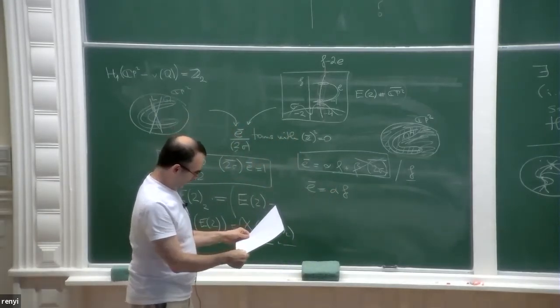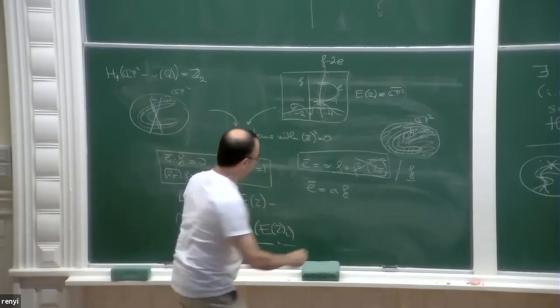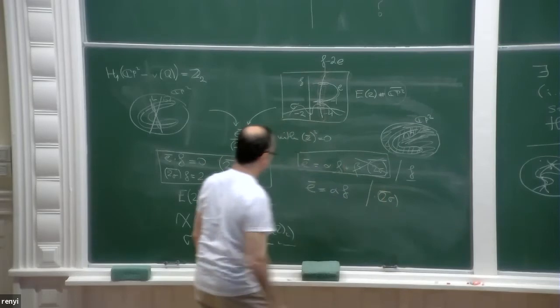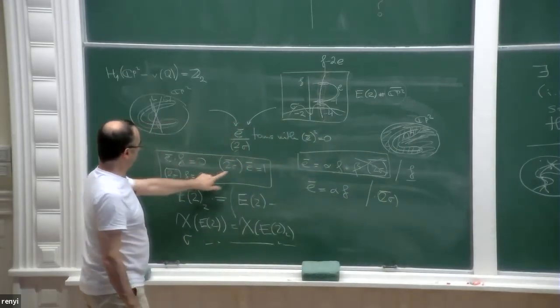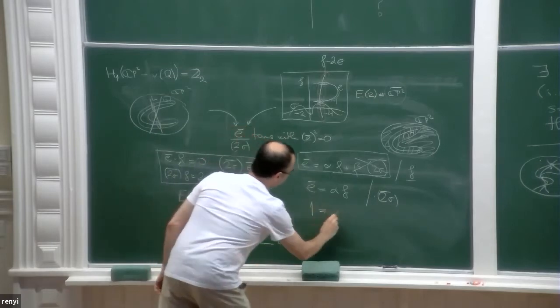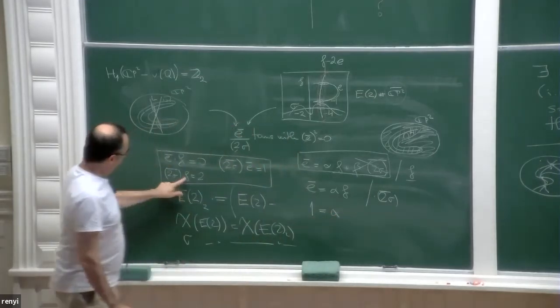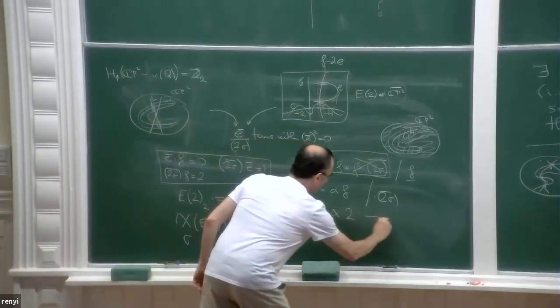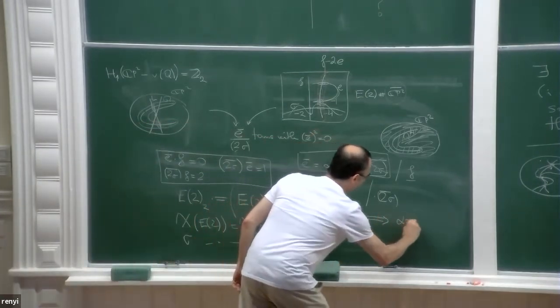And now we multiply this. What do we do next? We multiply it with 2 sigma bar. So E times 2 sigma bar is 1. On this side, we get 1. And here we get alpha times F times 2 sigma bar, which is 2, showing that alpha is 1/2.